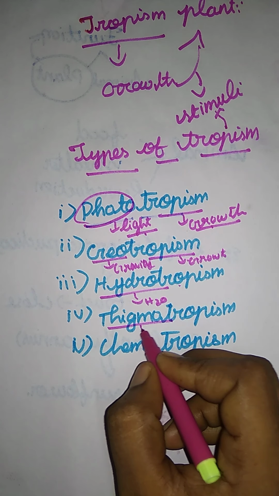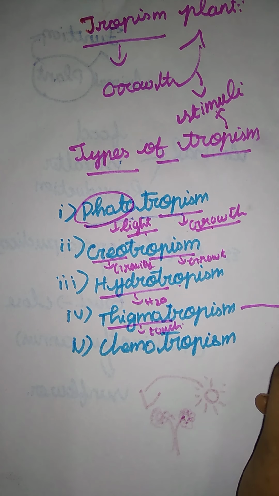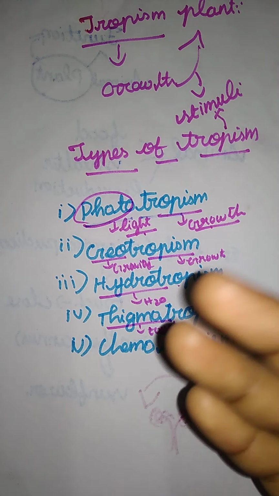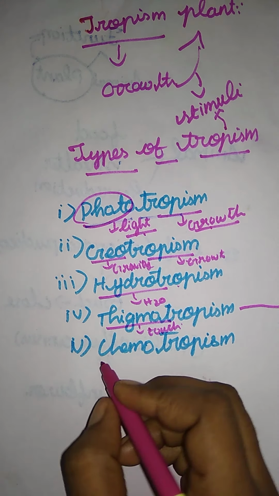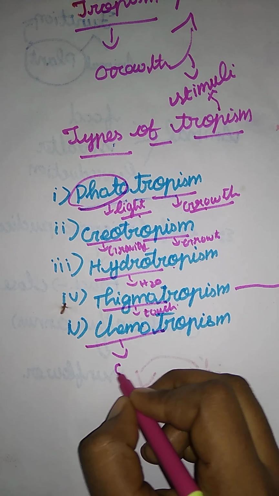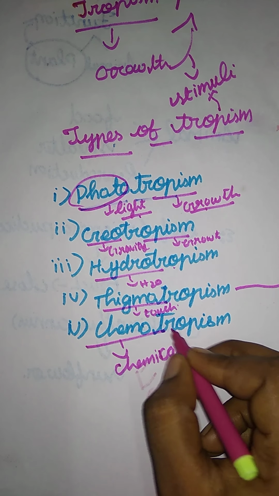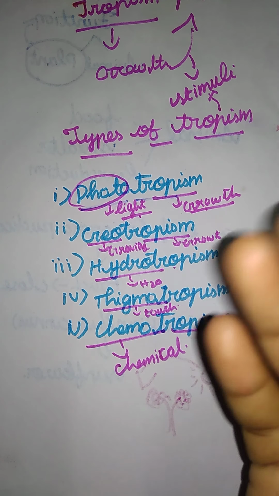Thigmo means touch. Touching the land surface area or some plant body, they are growing based on the direction of a plant or based on the direction of a terrestrial area. Okay, and next one, chemotrophism. Here, involvement of some chemicals, they are showing some growth. So these are all the 5 types of trophism in the plant.